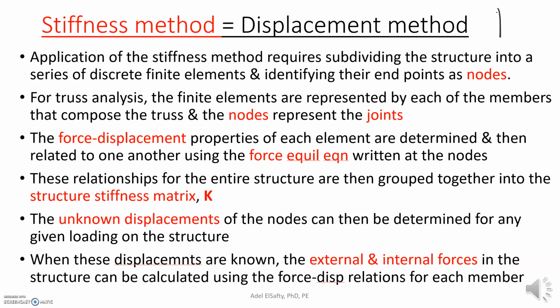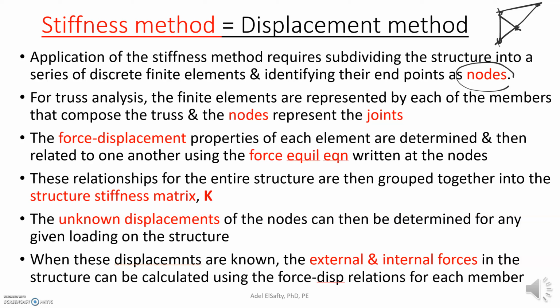So if you have a truss that looks as such, each one of these intersections of the members, we call the nodes. So these are the nodes or the joints that we're having right here. For the force displacement methods, we would like to find out the properties of each element, I mean, the length and the cross-sectional area, so that we can find the forces and the deformation that we're looking for.